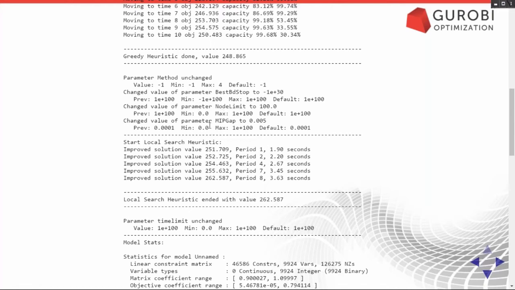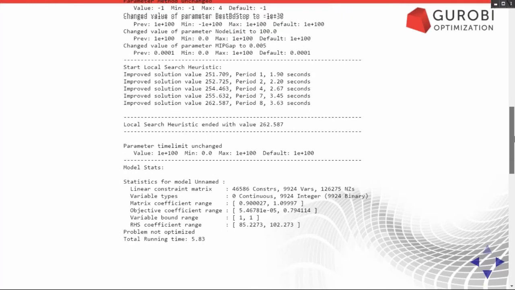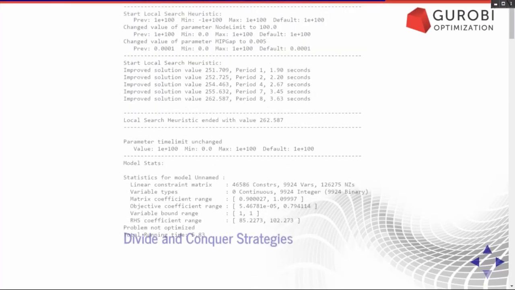So from the 248, you go up to 251, 52, 54, 55, 62, which is actually a very good solution. If you remember the bound that we were getting before, this is actually the same problem. So that's very nice. By using this idea of local search, even having a very big problem, you can focus on small pieces of your problem and re-optimize those pieces very quickly.